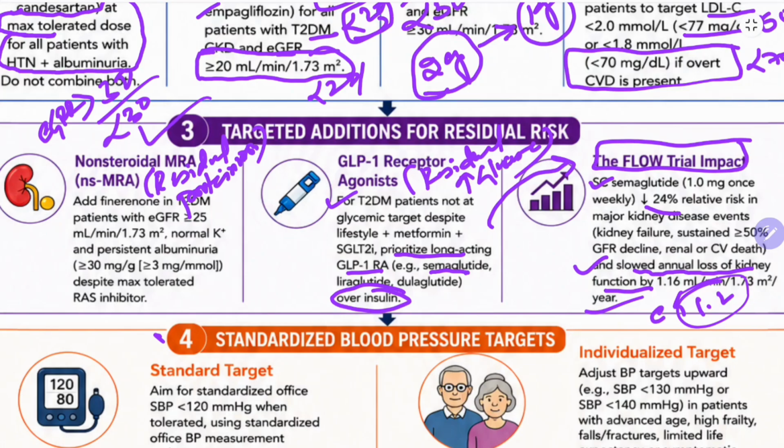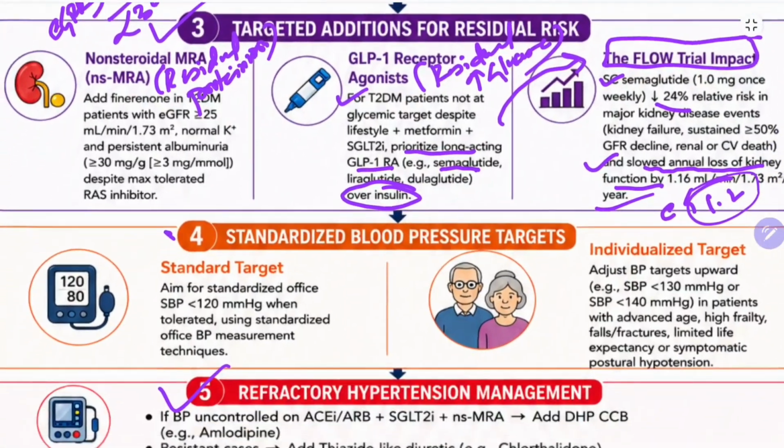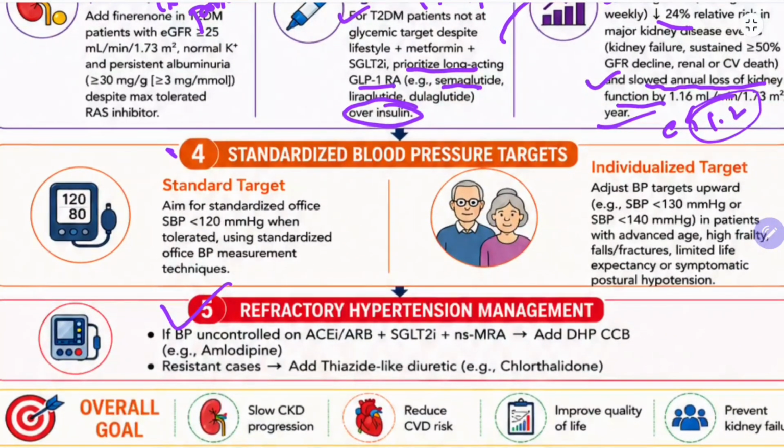Now, residual proteinuria, how to tackle, we have discussed. Residual glycemia, how to tackle, we have discussed. Now there are some standardized blood pressure targets. The standard target is SBP less than 120.